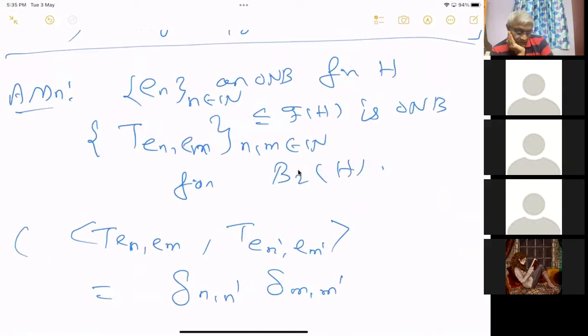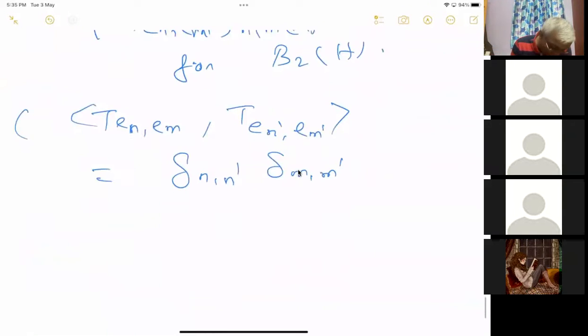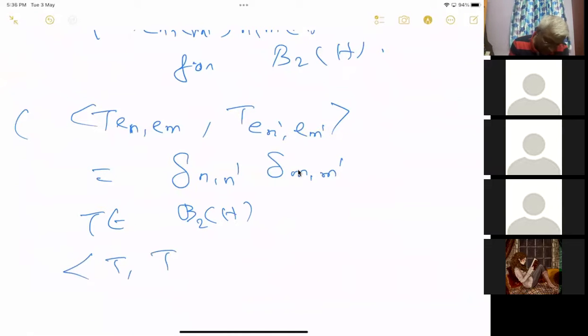How do we prove orthonormal basis? For that, if you take any T in B_2(H), you want to find the inner product of T with T_{E_n,E_m}. If it is 0 with respect to all n and m, T should be 0. That's what we want to prove.